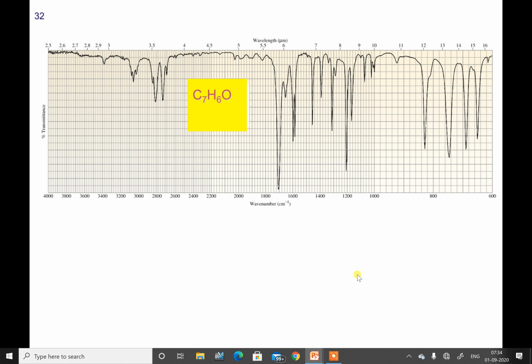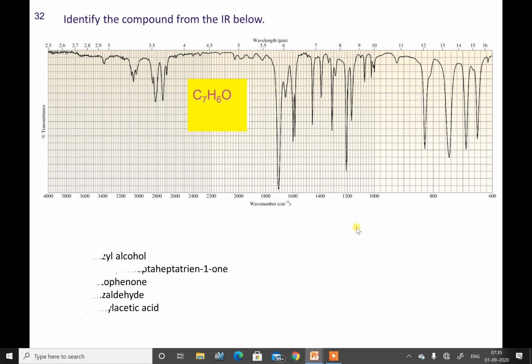You have to identify what this graph is now. What does it tell? And these are the options. Identify: benzyl alcohol, 2,4,6-cycloheptatrienone, acetophenone, benzaldehyde, phenylacetic acid.